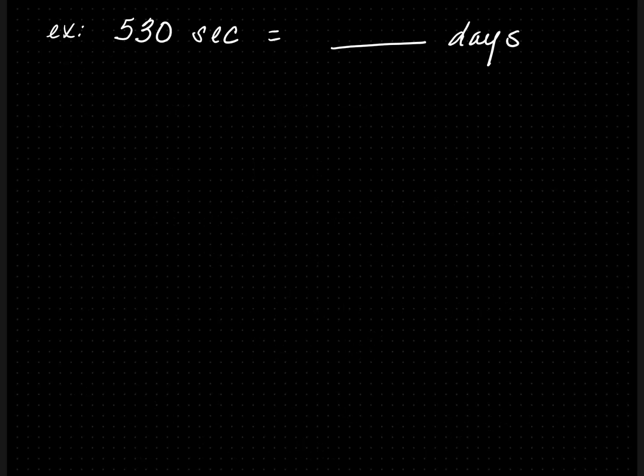So let's look at our first problem, in which we have 530 seconds that needs to be converted to days. We know that we could do this in the calculator, but we must show work. In order to show work in dimensional analysis format, you need to find conversion factors. We don't know how many seconds are in a day, but we know that there are 60 seconds in 1 minute.